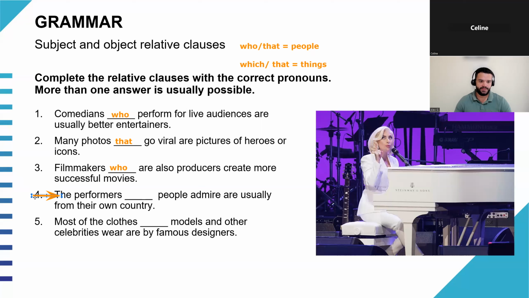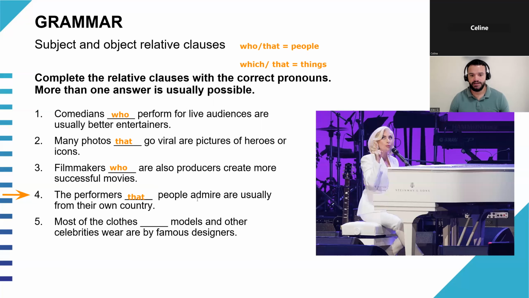The next one is the performers. How can we complete this one? The performers that people admire are usually from their own country. Very good.